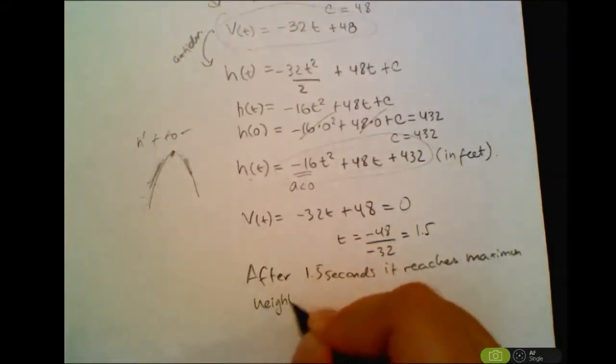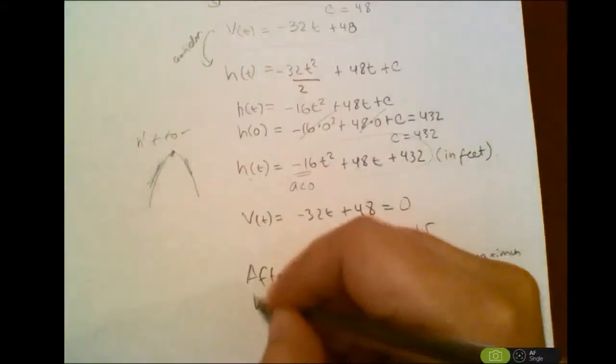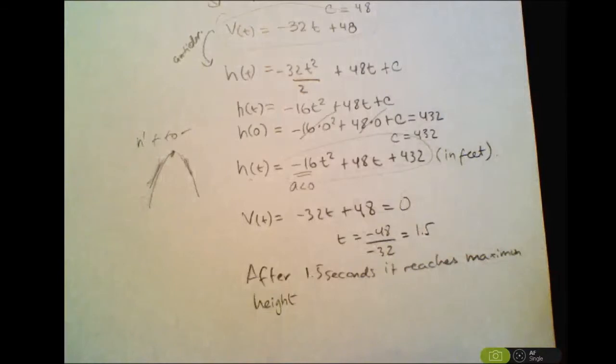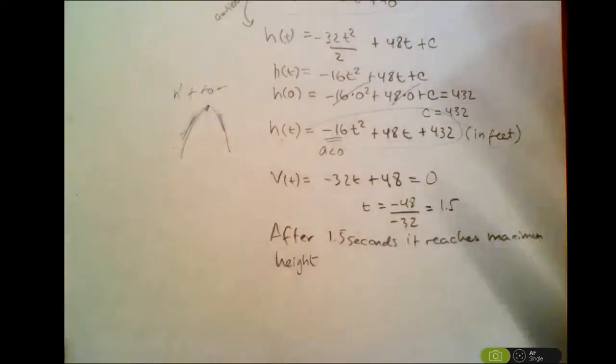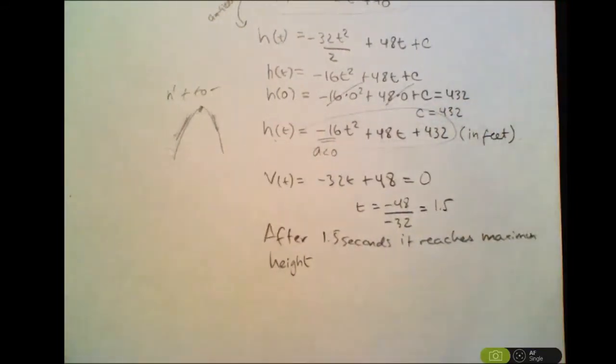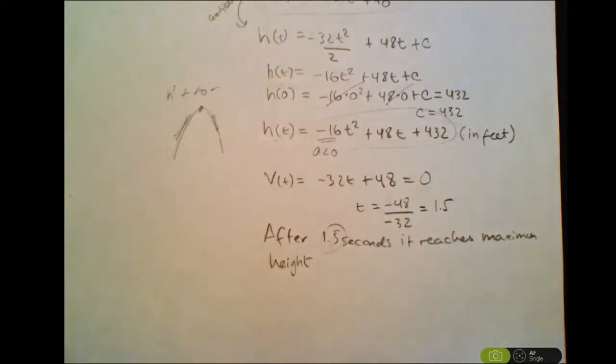Now, the problem doesn't say how much that maximum height is, but just to give the reader the impression that you are understanding what you're doing, it is always helpful to find the actual maximum height. You know that it's been reached at 1.5 seconds, but you haven't said how much that actual maximum height is.